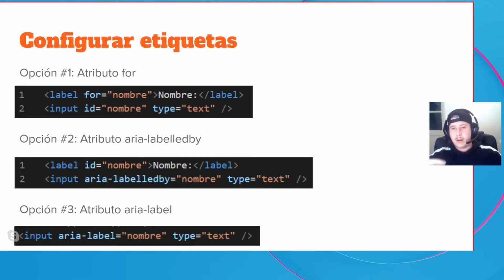Option one: the only problem with this method is that we need to create a unique ID for each input. In the case of Angular, it's common to have reusable components. So you need to be careful, because if you create an input and then reuse it on the same page, you're going to have a duplicate.